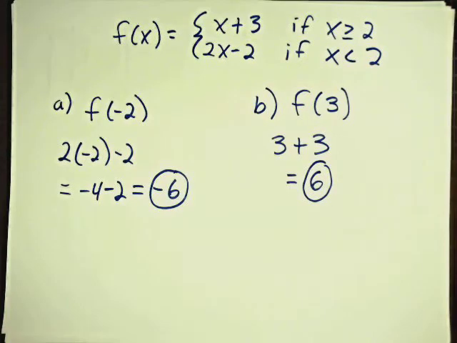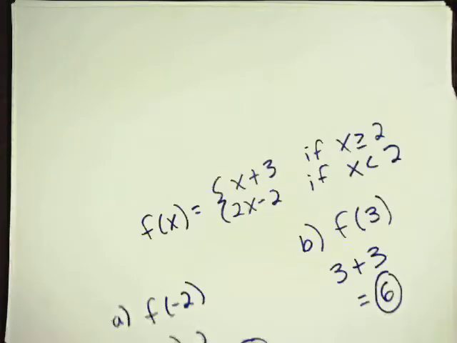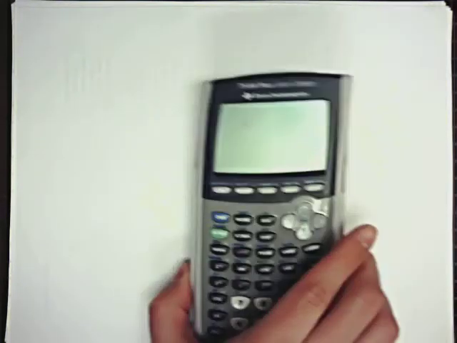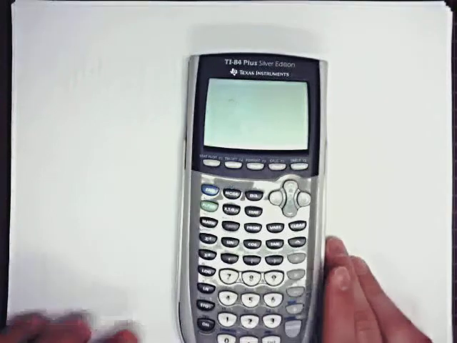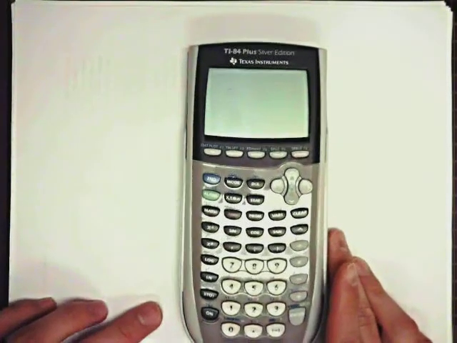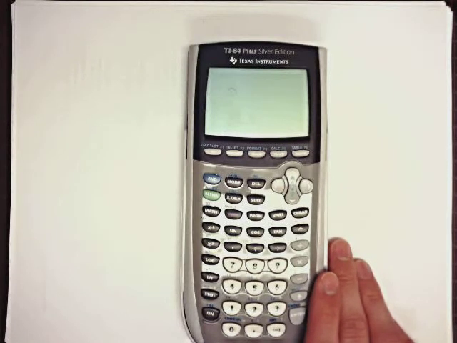The last thing that we're asked to do is sketch the graph of f of x, and we're going to use our calculators to help us do this. Okay, so with the TI-84 or TI-83, I'm going to have you do a couple things at the beginning, just so I can make sure everyone has a working calculator.